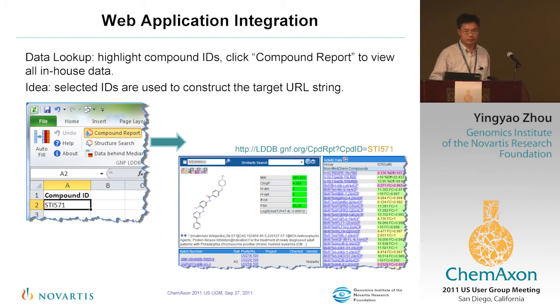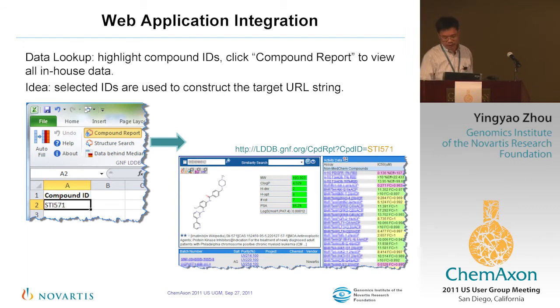There's no more copy pasting, no more bookmarking. How it works is very simple. This button of the add-in knows the base URL for the compound report page. When you click on the button, it grabs the content in that highlighted cell and puts it into a URL. Then it just opens that page. So it's a very, very simple idea.